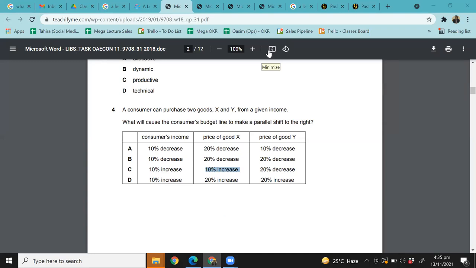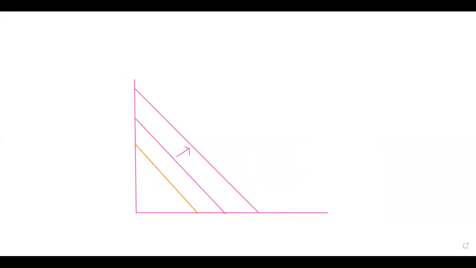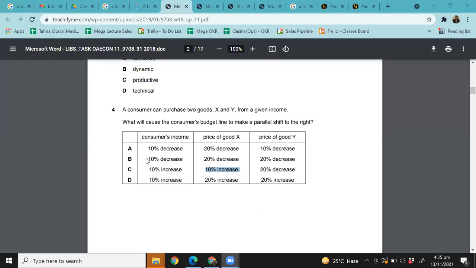Yes or no? Isha, only when prices of the products decrease, as Bob said, does the budget line shift outwards, because you can afford more.